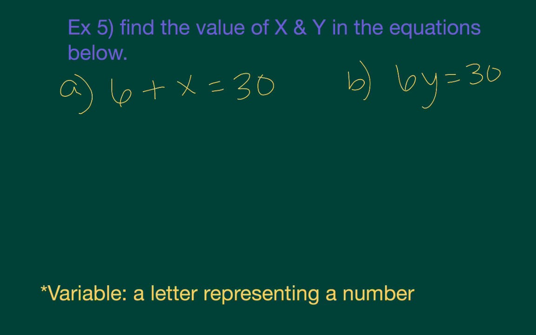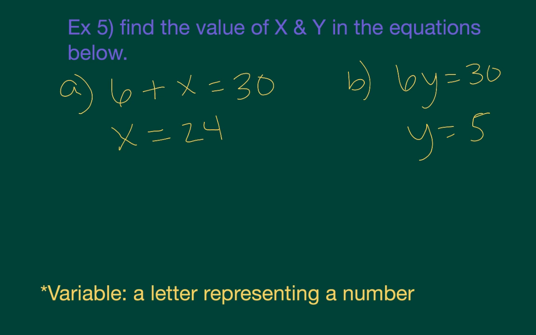But we can actually look at the equation and mentally think of what x actually is. X equals 24. How about b? 6y equals 30. Y is my variable. Y equals 5.